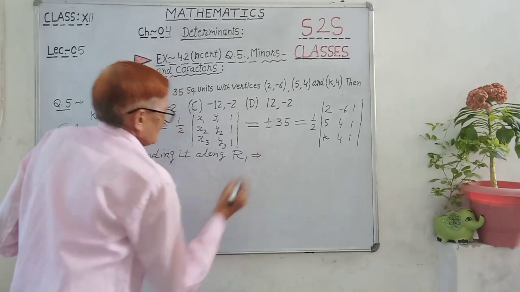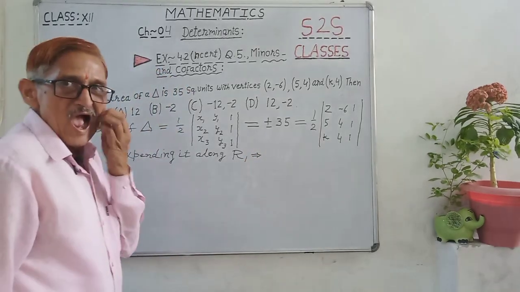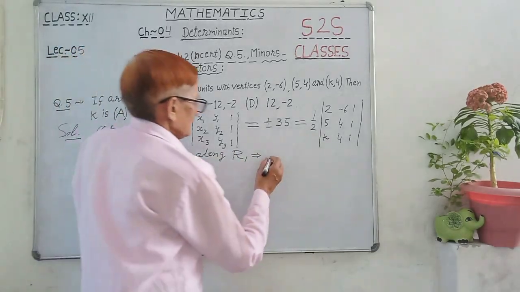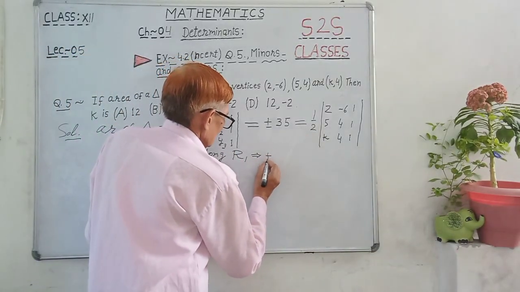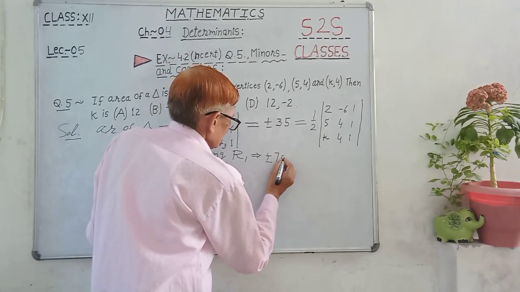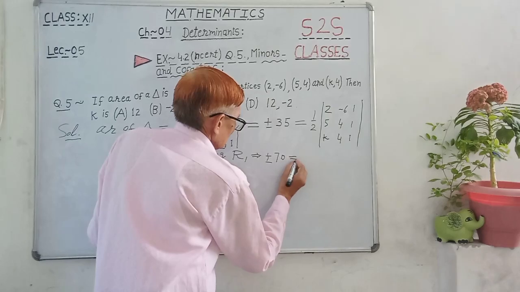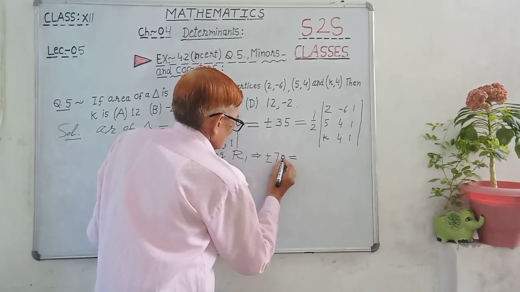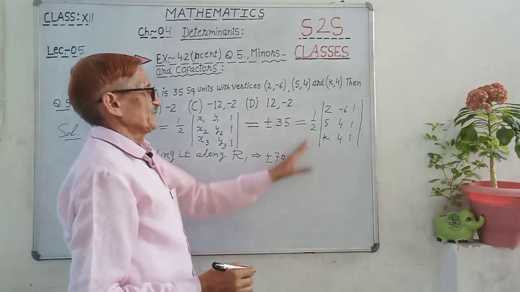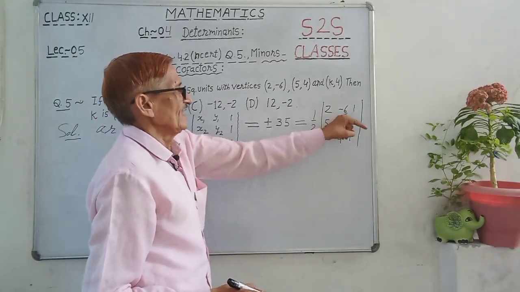This implies that the 2 divides here and goes to the other side as multiplication, so plus minus 70 will be equal to the expansion along R1.